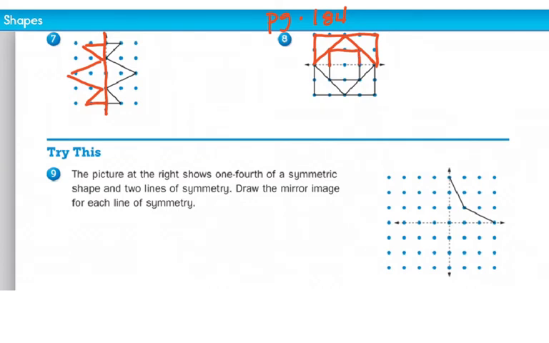Now, if you look at the try this at the bottom of your page, it says the picture at the right shows 1/4 of a symmetric shape and 2 lines of symmetry. Draw the mirror image for each line of symmetry. So I'm going to start with this one here.